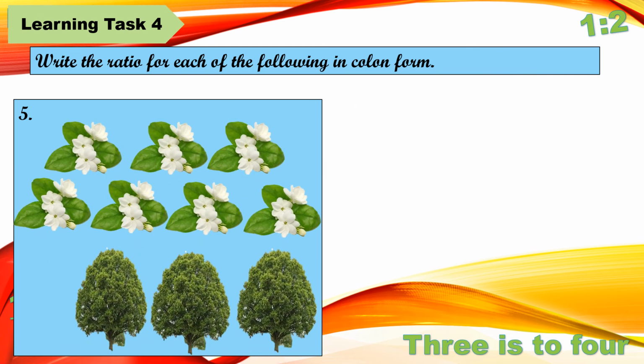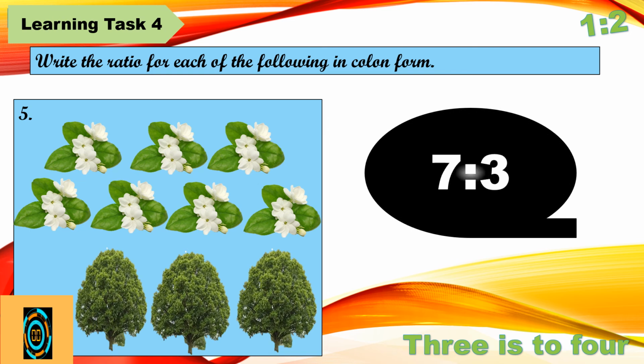Number 5. So what is this? So this is a Sampaguita and the Nara. Okay. So what is the ratio of the two? Go. Okay, so the answer is 7:3.